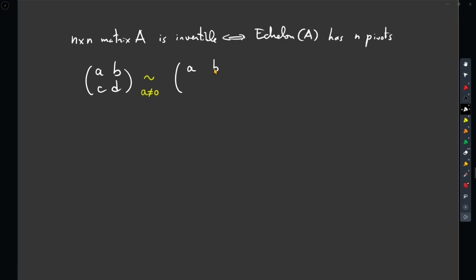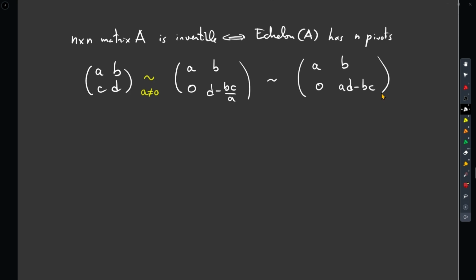If I multiply the first row by a multiple so that I eliminate that C, this is what I get. You can work it out yourself. This is what happens in the row reduction. Then if I row reduce some more, I can multiply the second row by A to simplify, so I get a cleaner expression, and what I get is this expression.